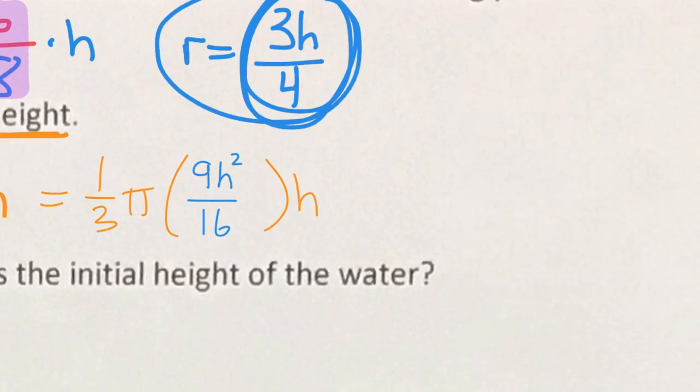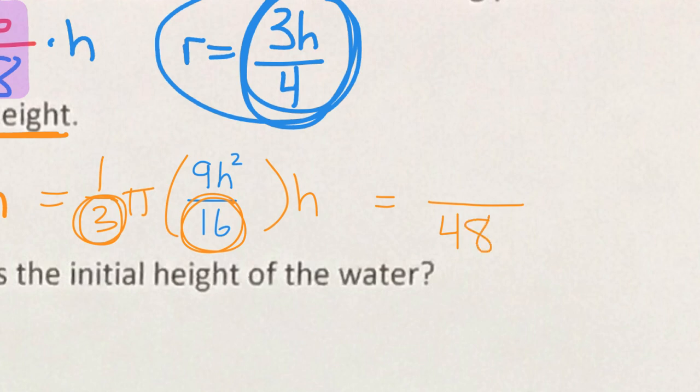Our last step in simplifying is multiplying the denominators together. We have a 3 as a denominator and a 16. 3 times 16 is 48, and everything else goes in the numerator: 9 pi and h to the 3rd power, because h squared times h is h to the 3rd. Now this is a pretty good equation.